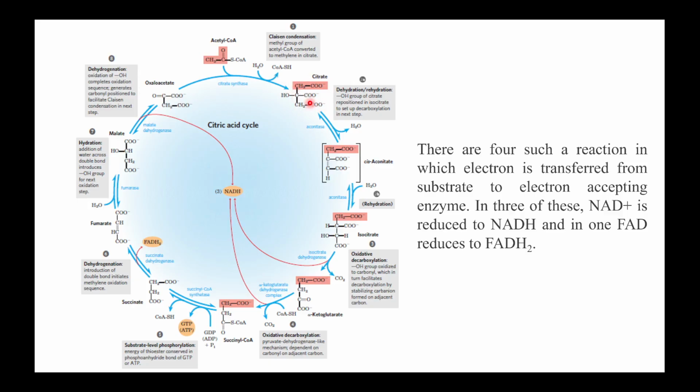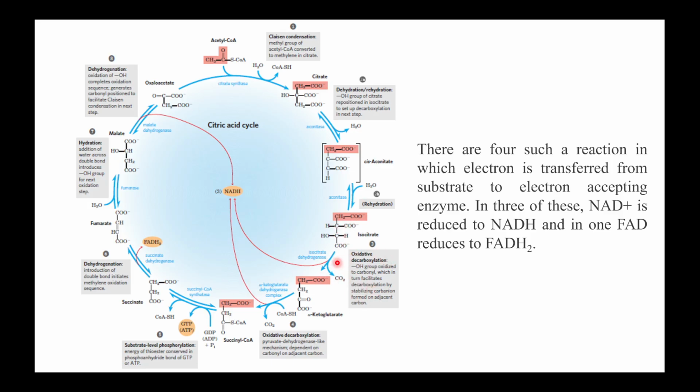Then citrate gets converted into aconitate by the enzyme aconitase, and isocitrate. So citrate to isocitrate is catalyzed by aconitase. From isocitrate we get alpha ketoglutarate. This is a 6 carbon compound, isocitrate. From this the first decarboxylation reaction occurs.